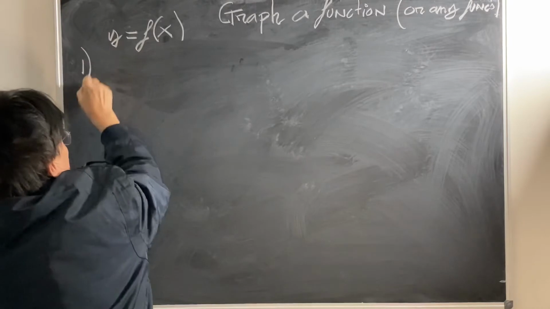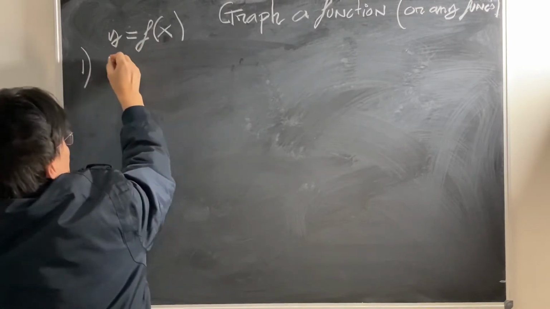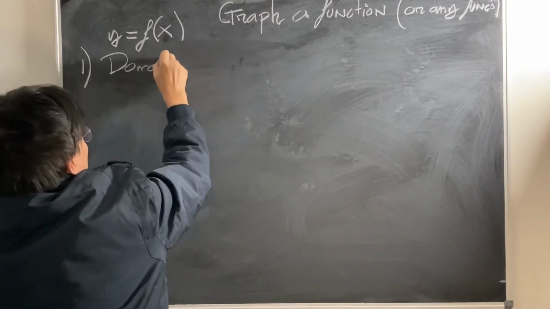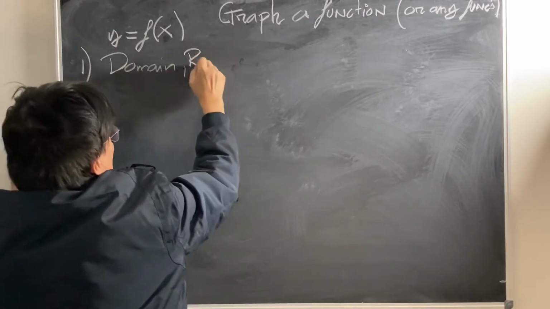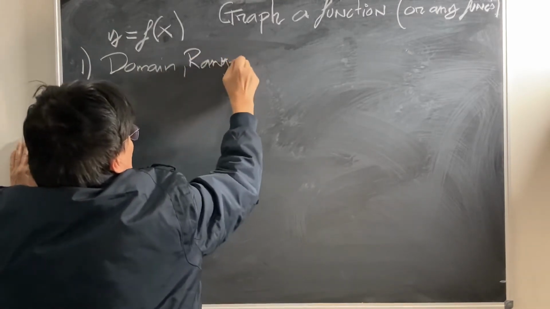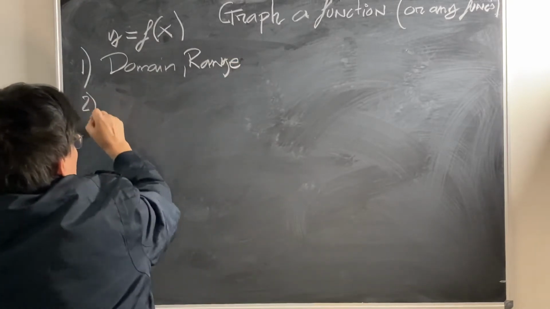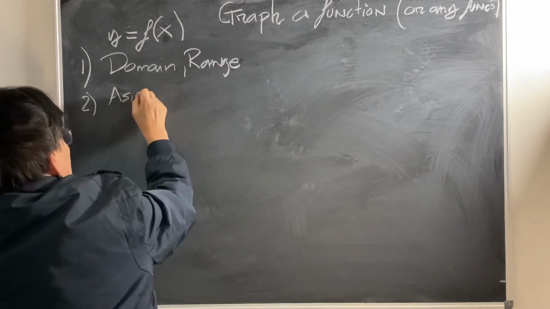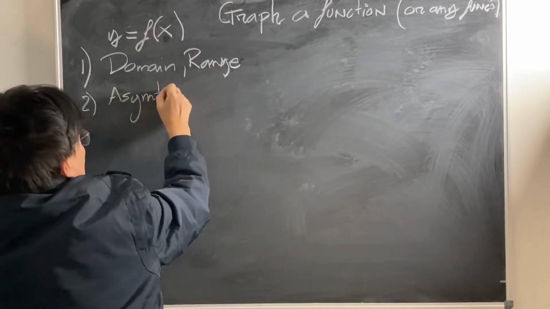The first one, you have to find the domain D, domain and range. The second step, find asymptote of the function.